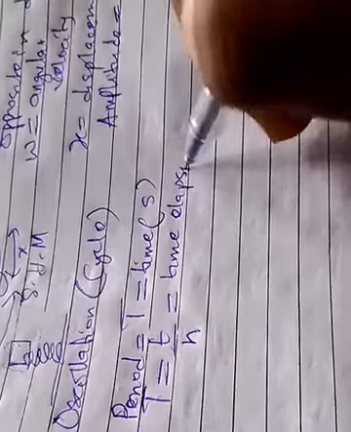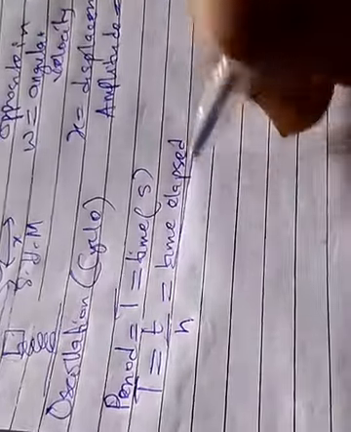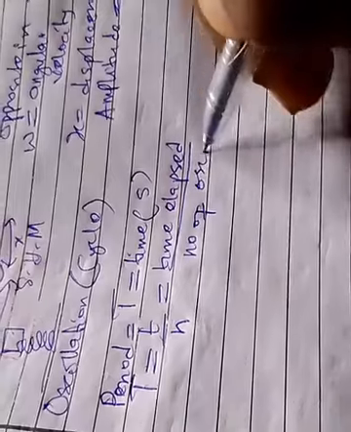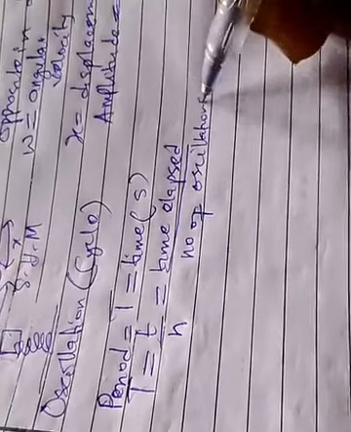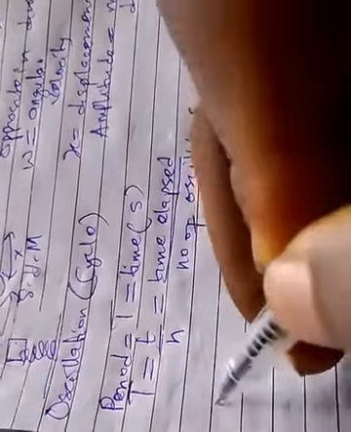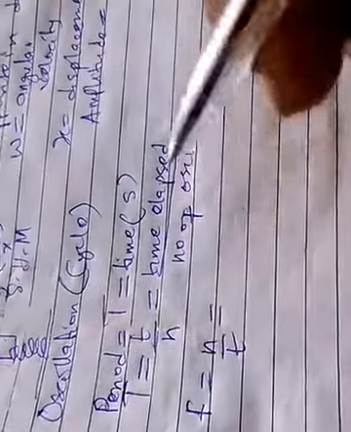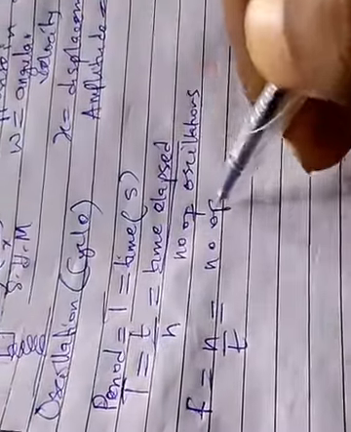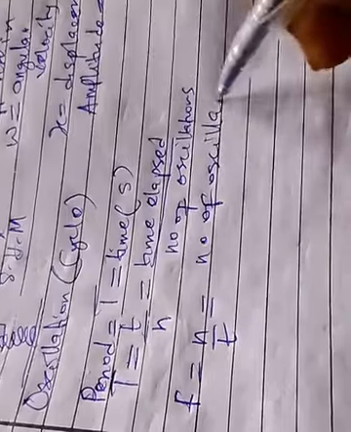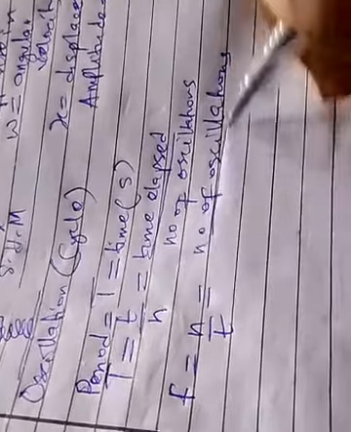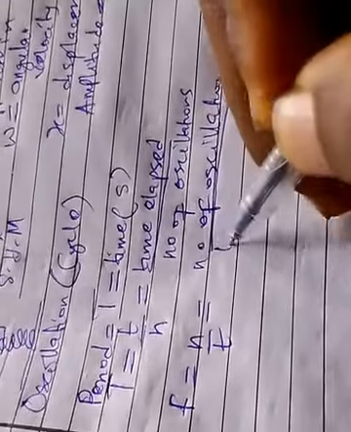We can say time elapsed, over the number of cycles or number of oscillations. That's what this n represents. Then we have f. f is equal to n over t, where n represents the number of oscillations, and t is the time elapsed.